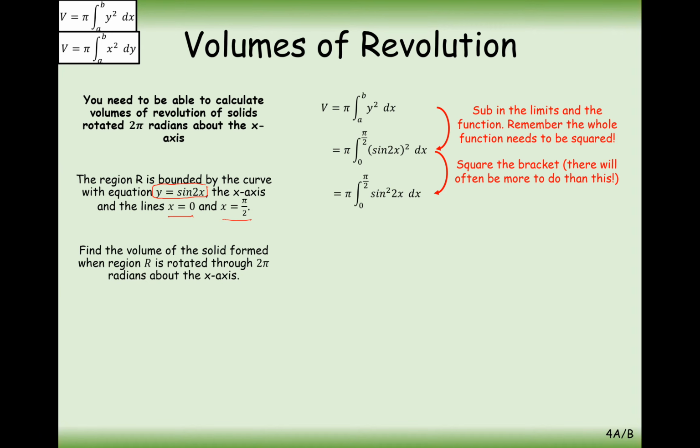Okay, so now we're going to do the integration, and we need to remember how to integrate sine squared. You integrate sine squared by using a trigonometric identity. Remember, the double angle formula for cos is cos 2x equals 1 minus 2 sine squared x.